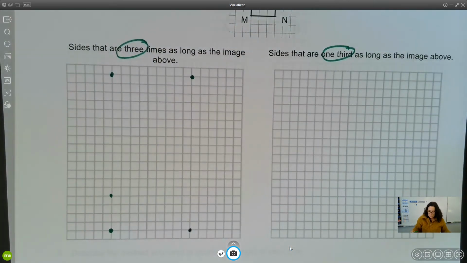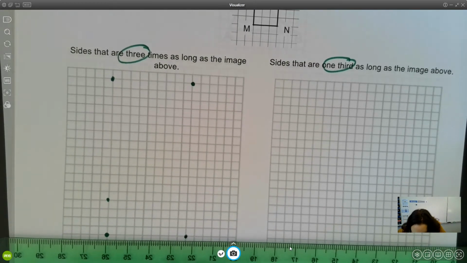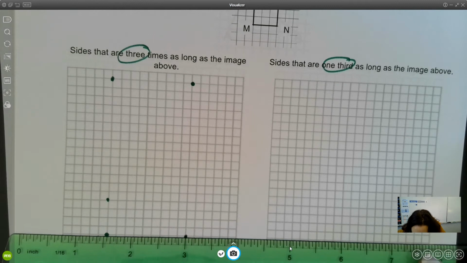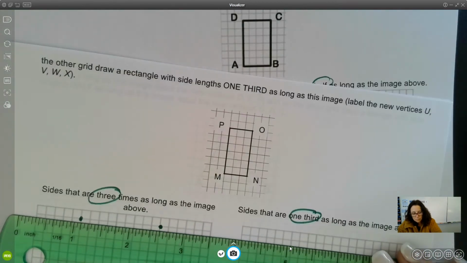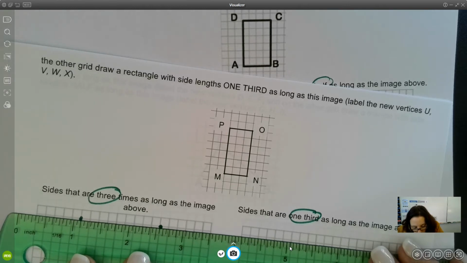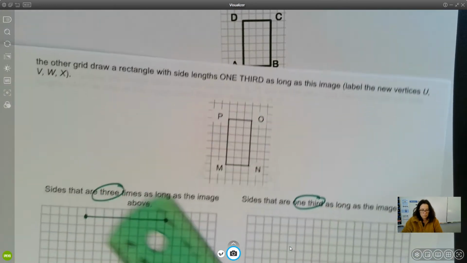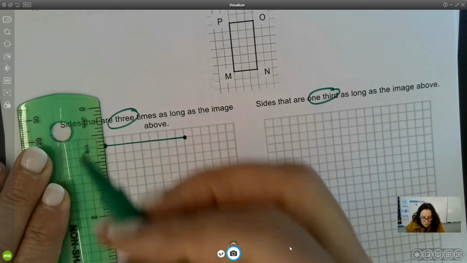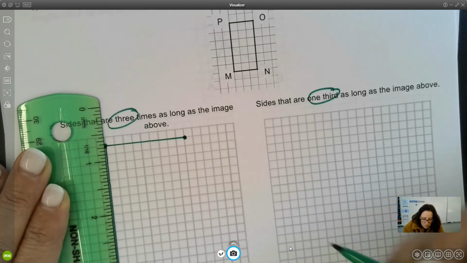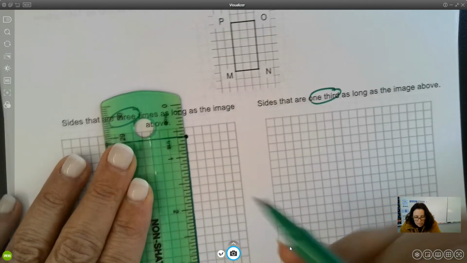Let me get those lines drawn in. All right, so we got this one. And remember what I said about the labeling business.